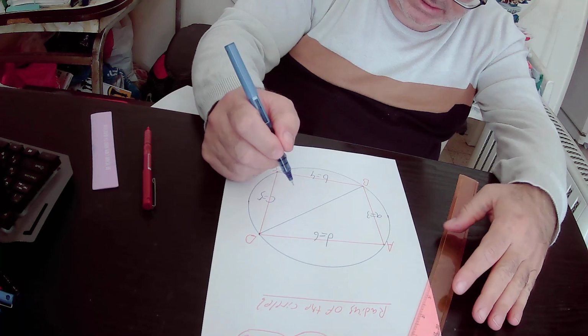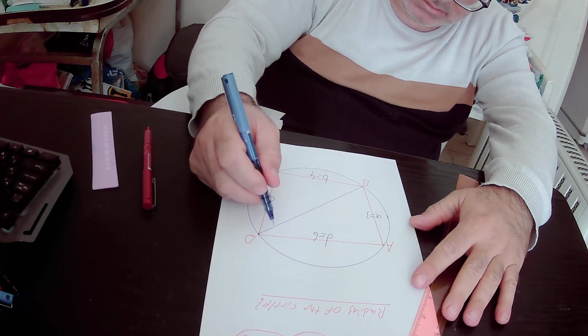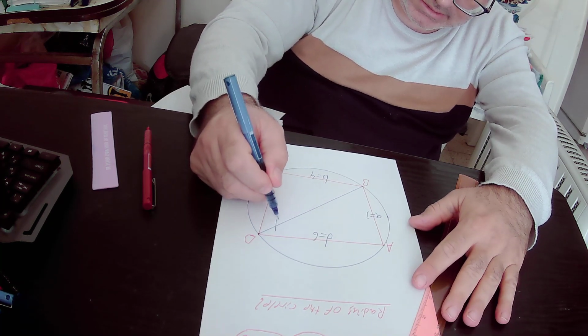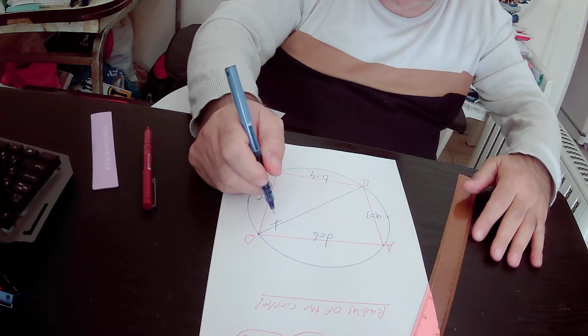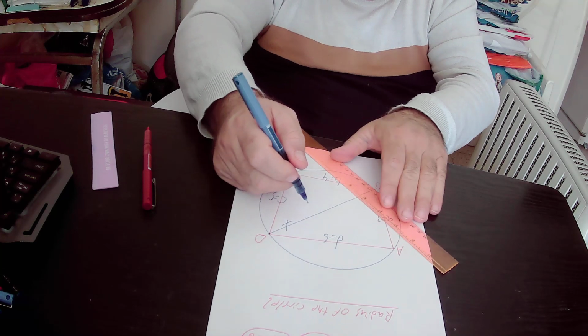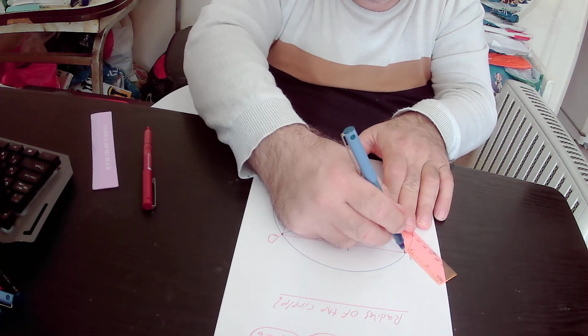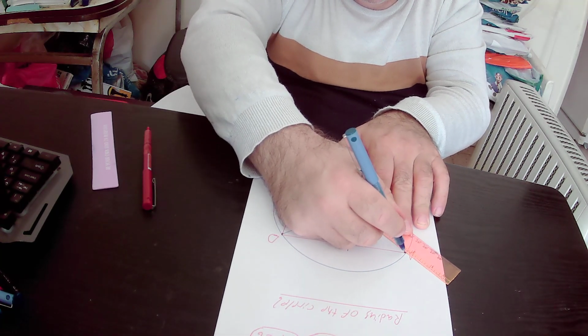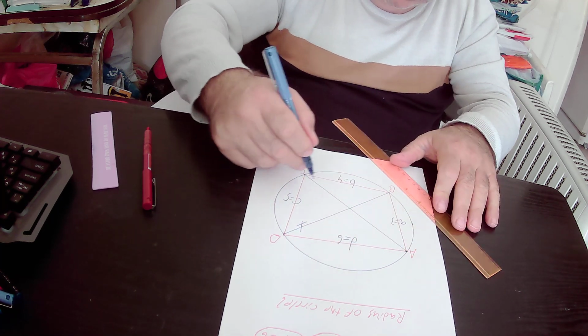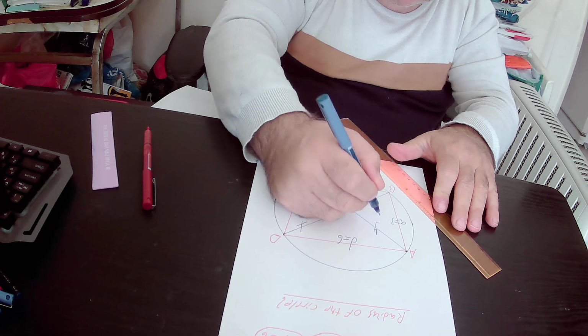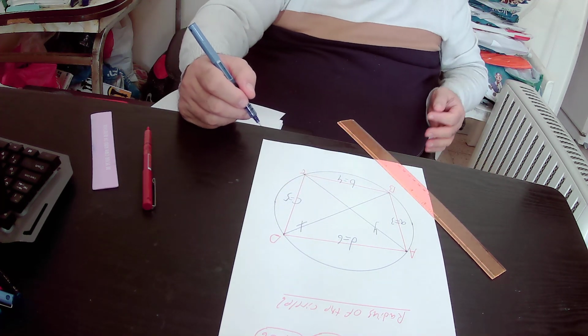We define the size of diagonal BD as x units, and the second diagonal AC is defined as y units in its size.